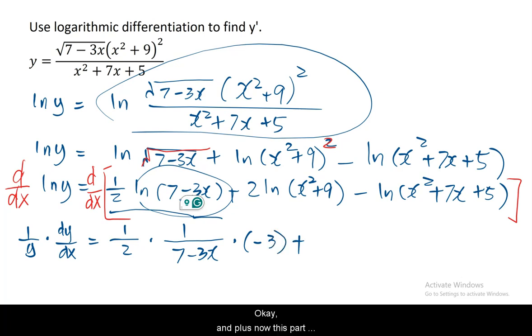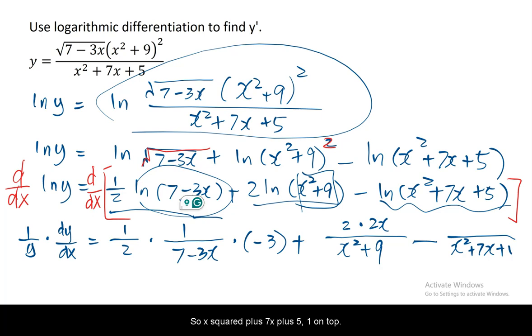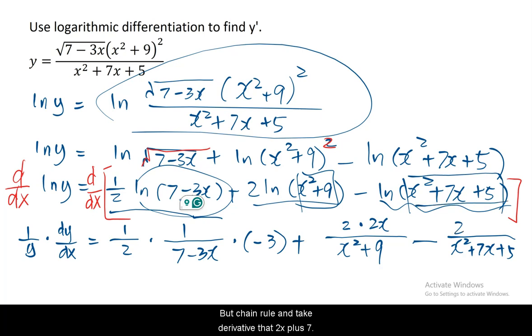And plus, now this part. Similarly, you have 2 here, 1 over x squared plus 9. Then chain rule, the derivative of x squared plus 9 is 2x. Now work on this part. Minus, so x squared plus 7x plus 5: 1 on top, but chain rule, and take the derivative of that, 2x plus 7.